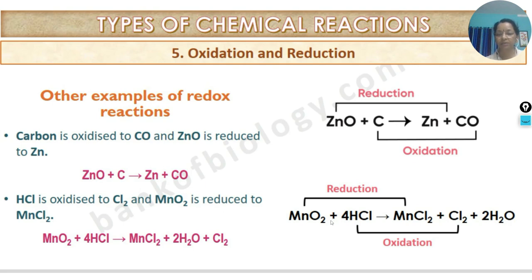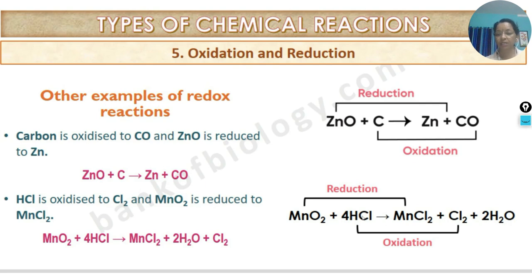And here, MnO2, manganese dioxide, reacts with 4HCl, hydrochloric acid, to produce manganese chloride, chlorine gas and water. Manganese dioxide loses its oxygen, so it is a reduction reaction. Whereas HCl loses its hydrogen, and loss of hydrogen is again oxidation.